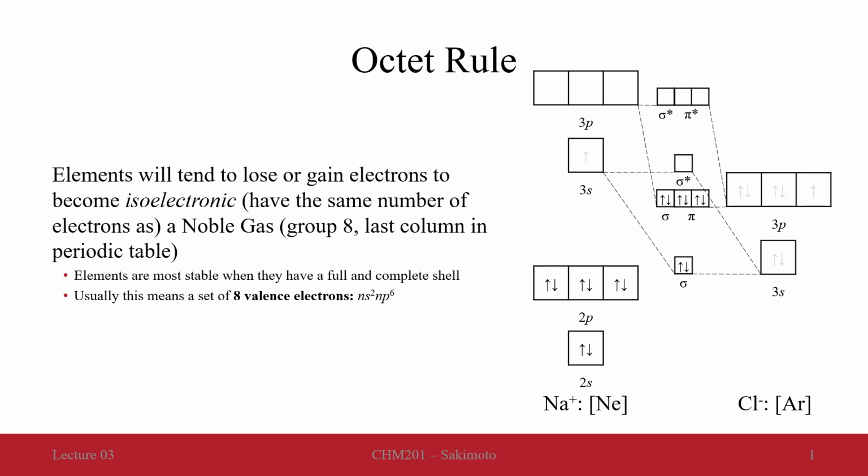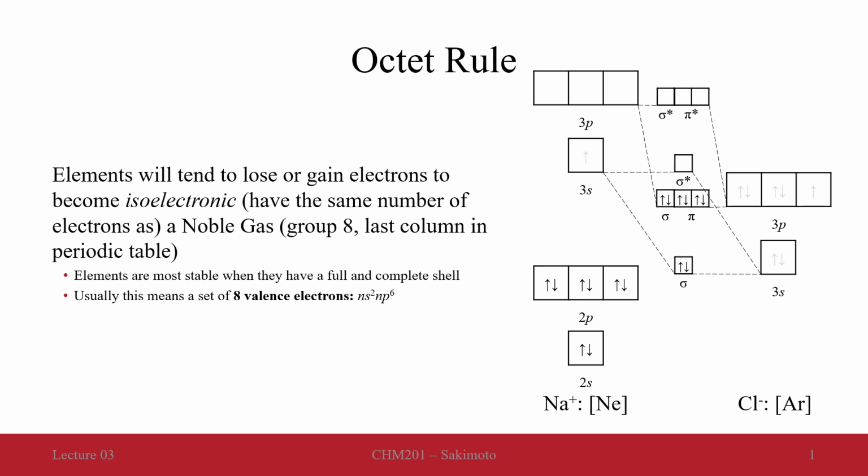And one thing that we see, particularly in the case of sodium and chlorine forming this ionic bond, is that the end result is that sodium has effectively transferred its single 3s electron over to the shared orbitals, which are essentially just the same as chlorine's 3s and 3p orbitals.